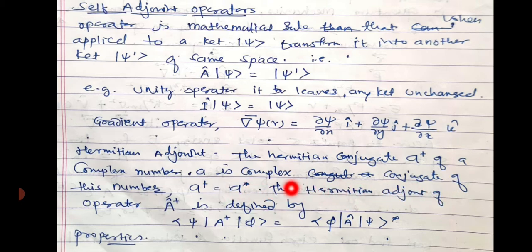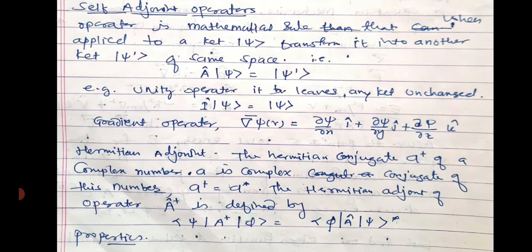The Hermitian adjoint of any operator, suppose A dagger, is defined by this equation, which is the last equation. That is, the inner product of A dagger in the state psi and phi is equal to the inner product of operator A in the state psi and phi, and its star. So with this we can define it.